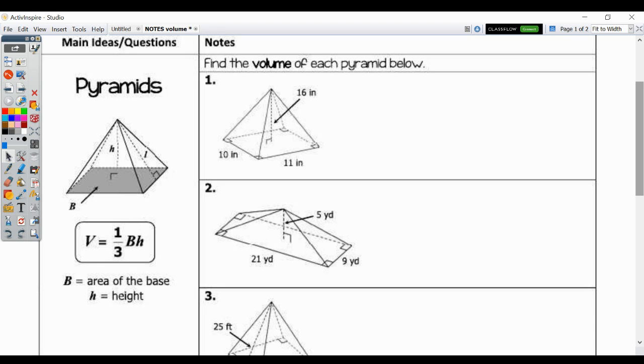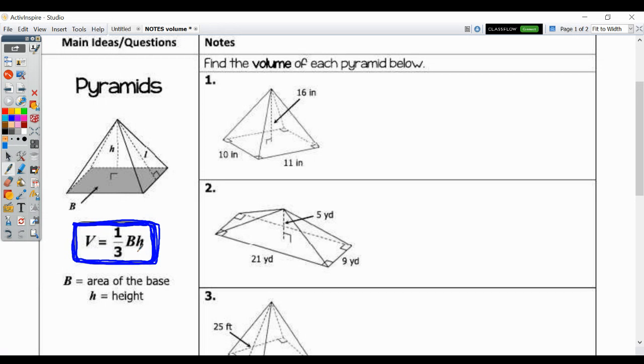And the formula for volume of a pyramid is going to be 1/3 times capital B times H. Your capital B, just like always, is going to be the area of your base. So you also have to pay attention to what shape my base is, because that will determine what formula you use to find the area of your base.